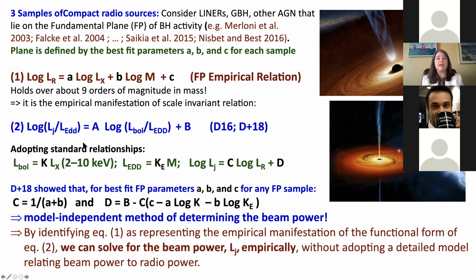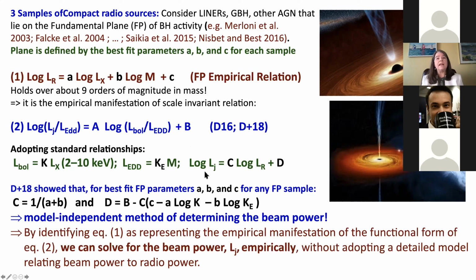The coefficients little a and little b here determine this value of C. And the constant D is a combination of constants from all the other factors here, plus some of the fundamental plane values, little a and little b, and this quantity, capital B, where for what I'm going to show you, I use the value I obtained for the FR2 sources in my 2016 paper.